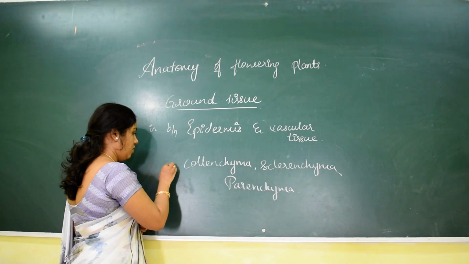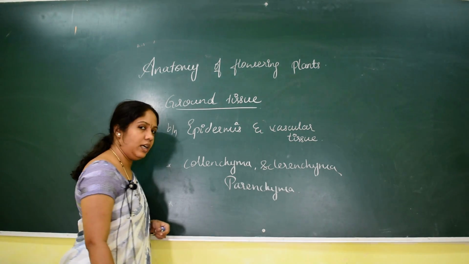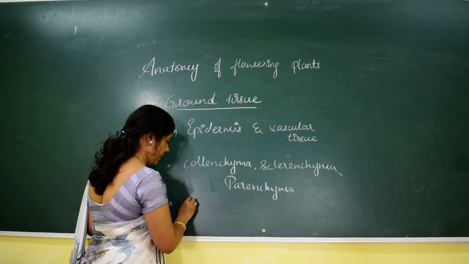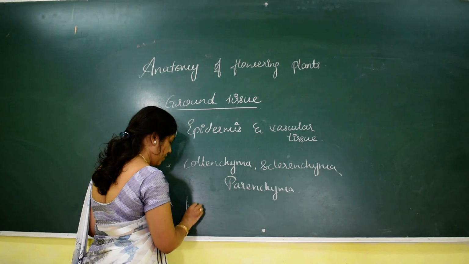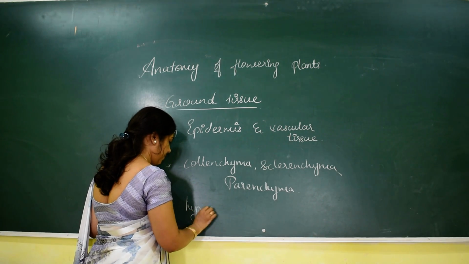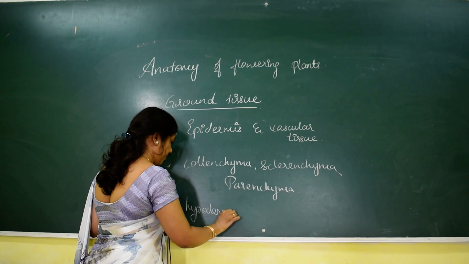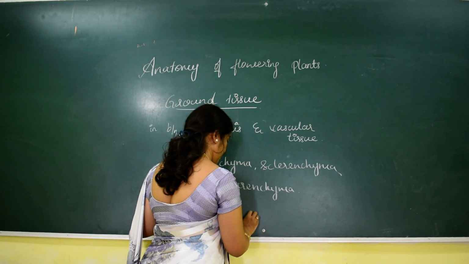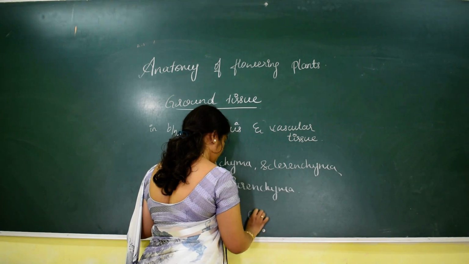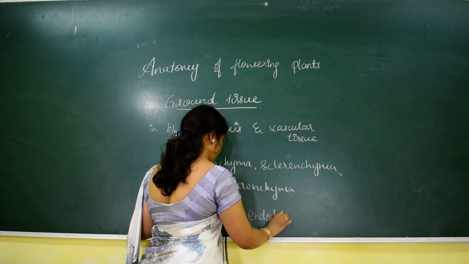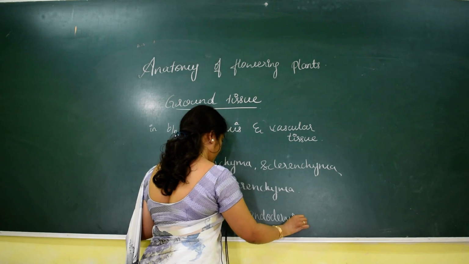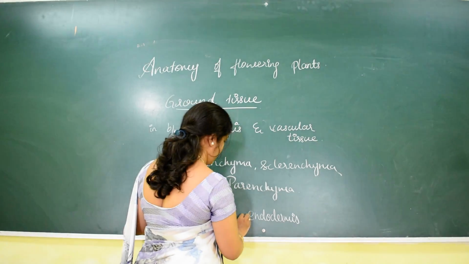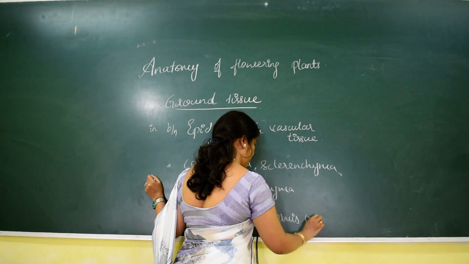Now, the ground tissue in case of stem is mainly differentiated into hypodermis, next endodermis, hypodermis, as well as ground tissue.